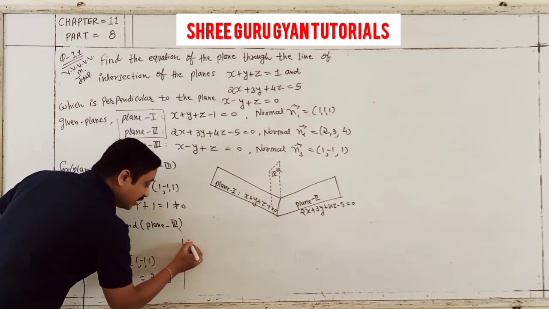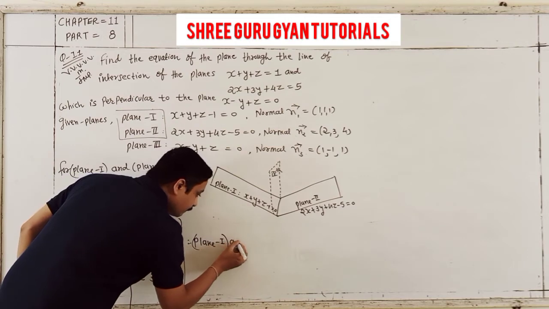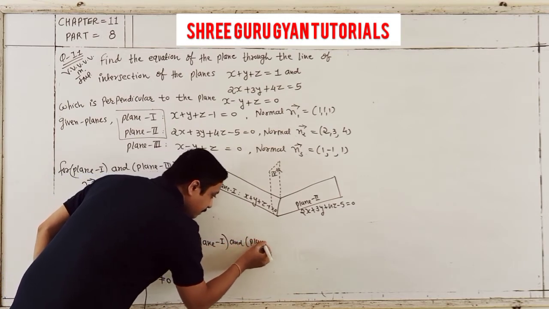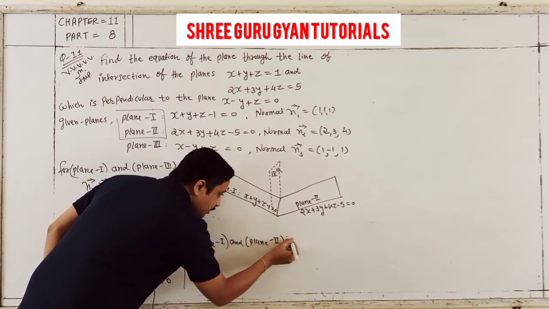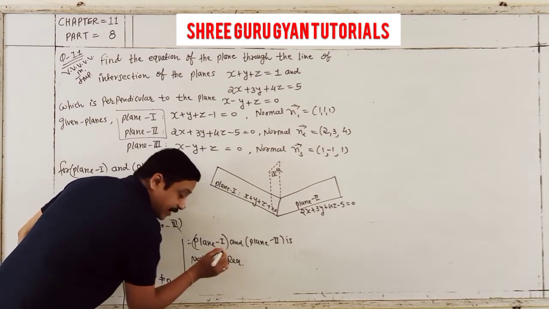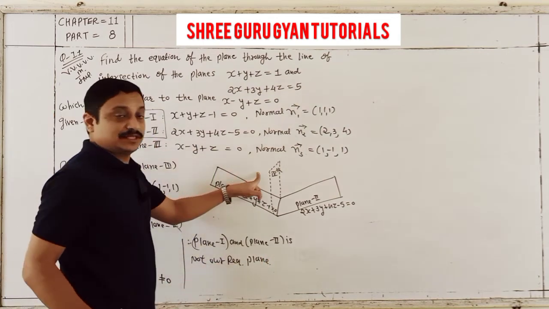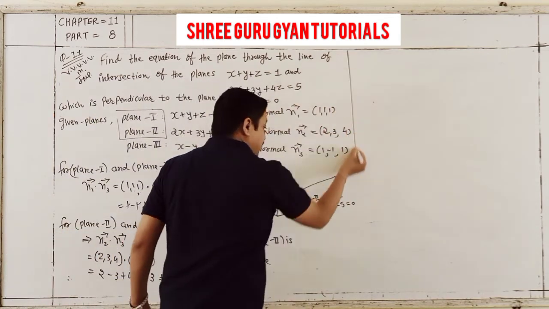Therefore plane 1 and plane 2 are not our required plane. Now the required plane 4 I will take using the lambda theory.